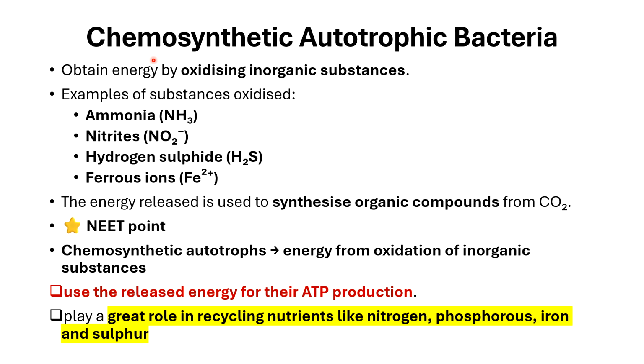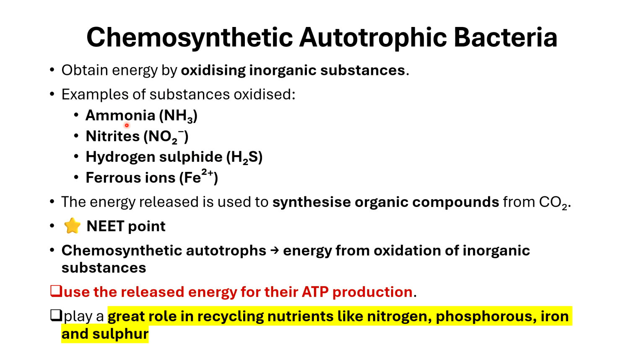Second type of bacteria under the autotrophic eubacteria is chemosynthetic autotrophic bacteria. So we already discussed these type of bacteria. They obtain the energy by oxidizing inorganic substances instead of the sunlight energy, right? Now, what are the substances that are oxidized?